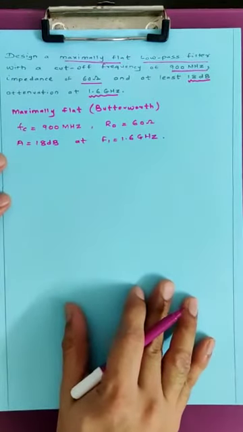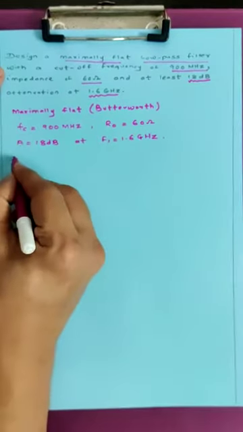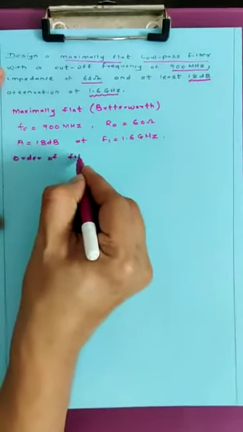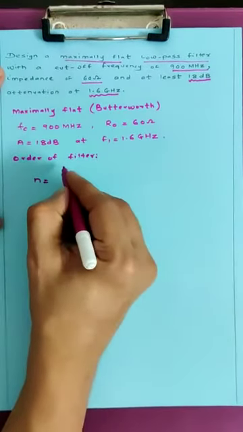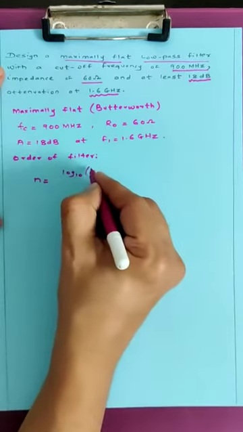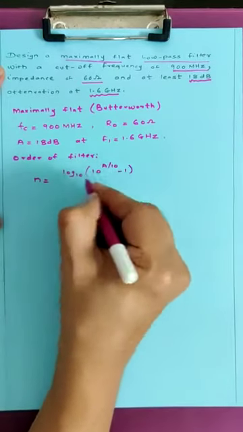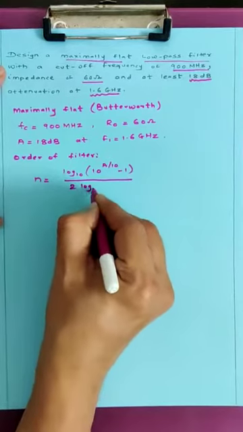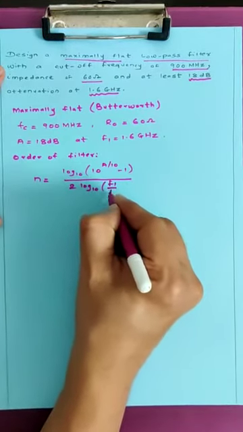First of all we will calculate the order of the filter, and for the Butterworth filter the order of the filter is given as N, and that is given as log to the base 10 of 10 to the power A by 10 minus 1, divided by 2 logarithm of f1 by fc.